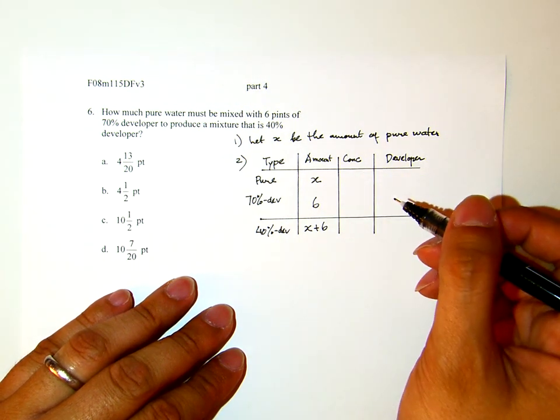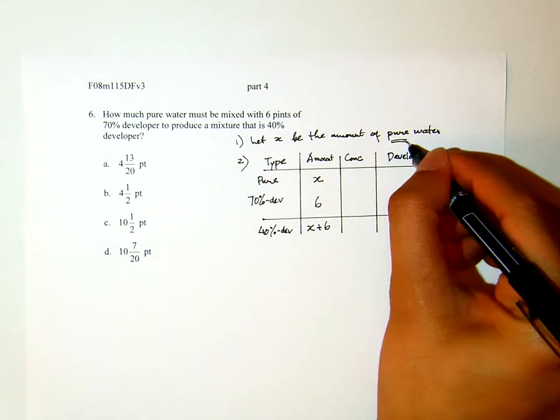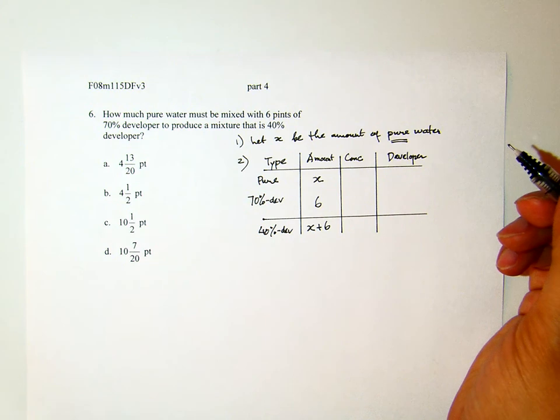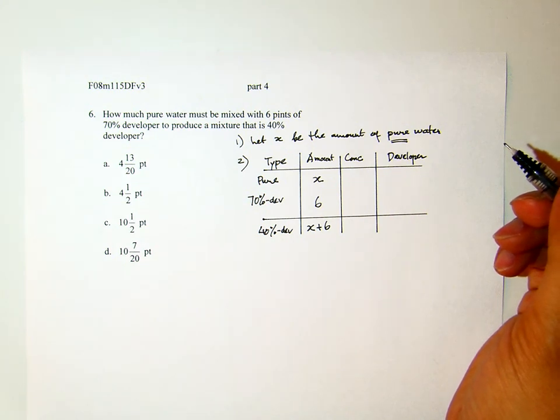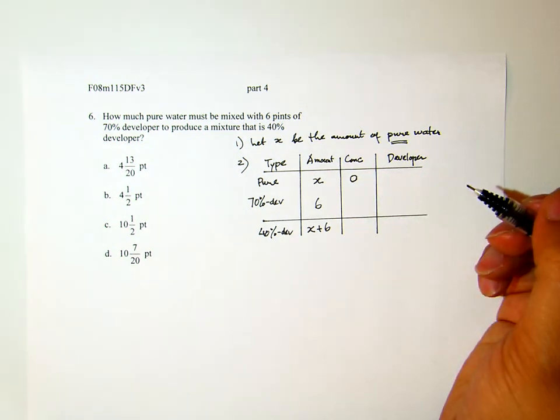What usually confuses a lot of students is the concentration of developer in pure water. If it is pure water, then there should not be anything else inside that water. In other words, the concentration of developer in pure water should be 0%, in decimal 0.